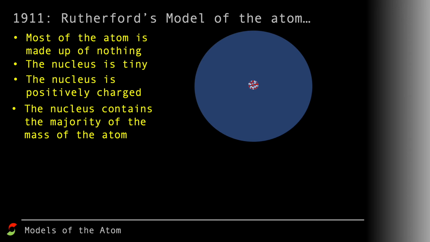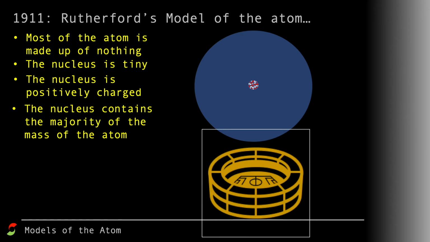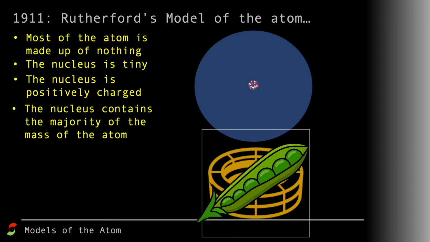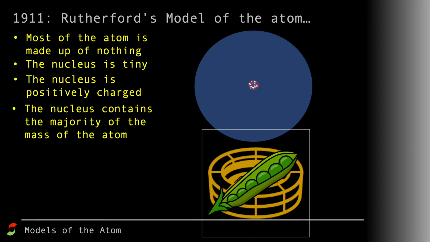To give you an idea of scale, which I'm guessing you've seen something like this before, you can imagine the atom to be a football stadium and the nucleus to be a pea in a pod. If you placed that pea at the centre of the football stadium, the pea would represent the nucleus and the stadium would be the atom. And in between the pea and the rest of the stadium would be nothing.